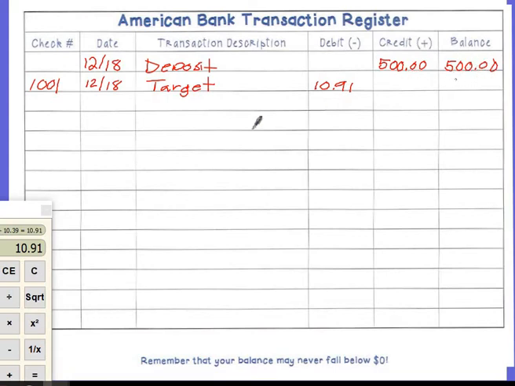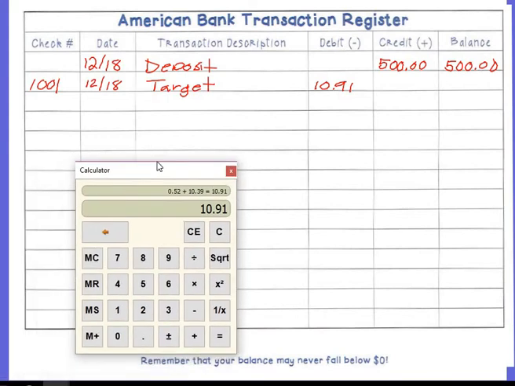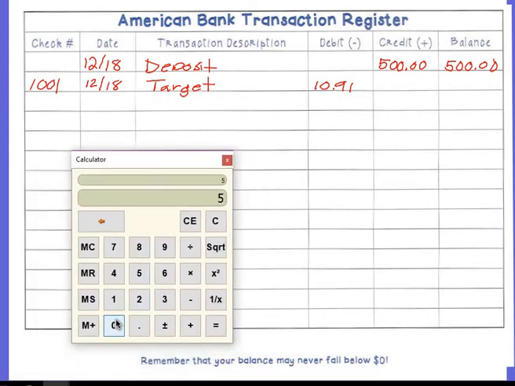Well, how would I get my new balance? You would have to subtract. So I would do 500 minus 1091. Those with your head on the desk, don't ask me any questions. This is for a grade. 489.09 is now my new balance.